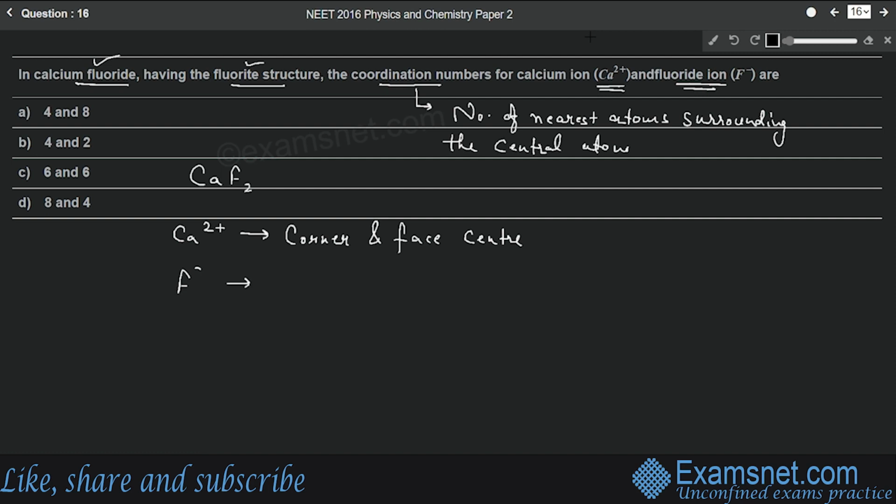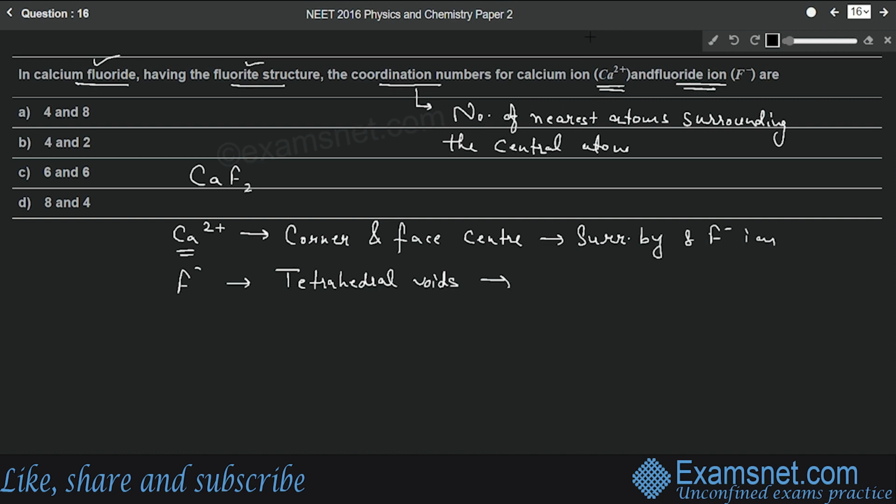Whereas fluoride ion is present in the tetrahedral voids. So each calcium ion is surrounded by 8 fluoride ion.